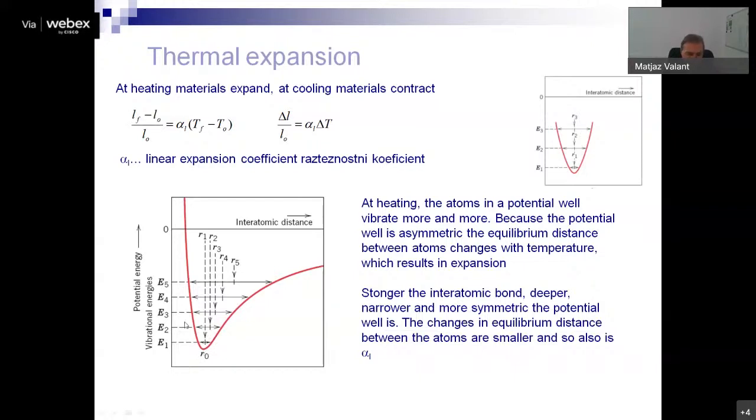And if this energy is even higher, which means higher temperature, then this shift in position towards a higher distance will be even bigger. So the more asymmetric the curve, the higher the linear expansion coefficient. If, for instance, the curve, as it's shown here, were completely symmetric, there would be no change in the distance between atoms, and such a system would have no thermal expansion.